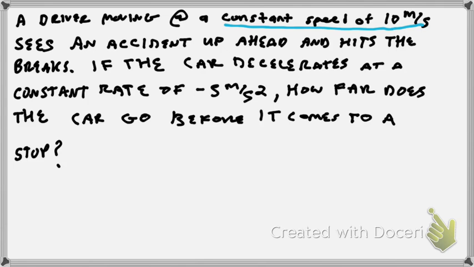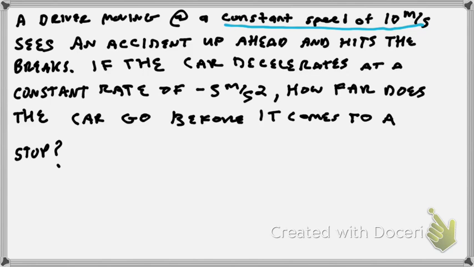Okay, so a driver is moving fast, going 10 meters per second, and all of a sudden he sees something and decides to hit the brake, right? Pop, he hit the brake. Maybe he saw a stop sign or something, all right? If the car decelerates at a constant rate of -5 meters per second squared, how far does the car go before it comes to a stop?